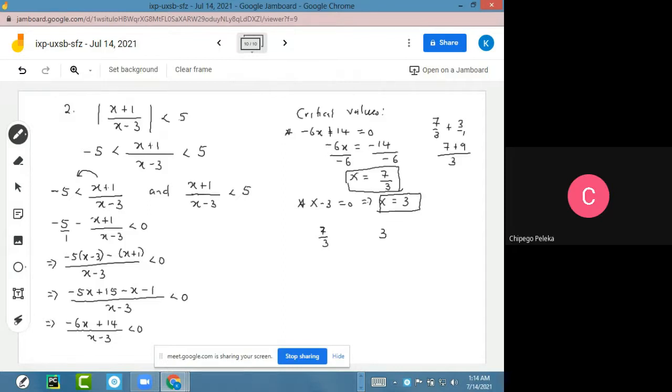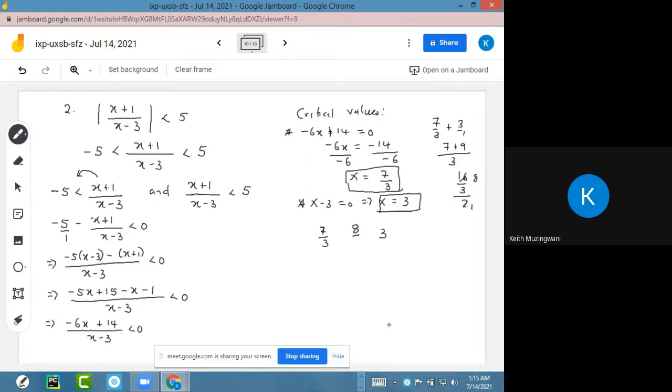Okay, so we have critical values now. Because we don't have any whole number in between these, we must look for a number in between. The easiest way is you add the two numbers, so we'll get 16 over 3, then divide the whole by 2. Dividing by 2, we'll have 8 over 3.